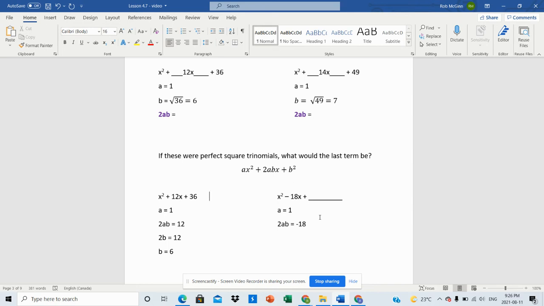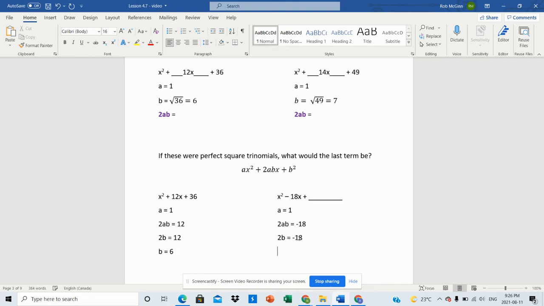All right, so once again, we're going to use 2 times a times b to figure this out. Looking here, the coefficient in front of x squared is 1, so a is 1. So 2 times a times b equals negative 18. Well, a is 1, so really all we have left is 2b equals negative 18.